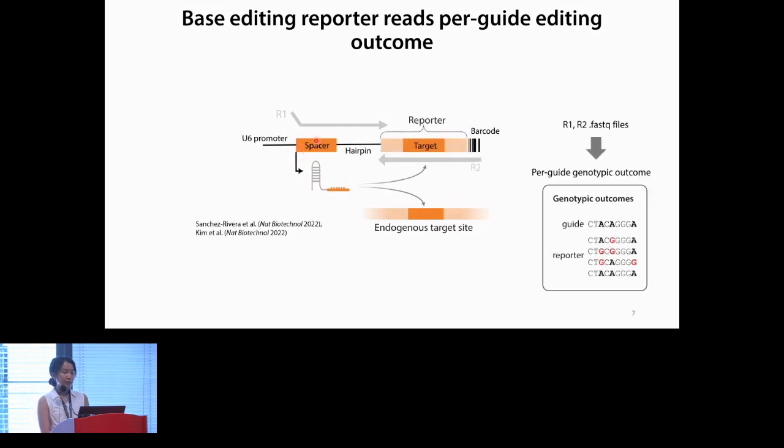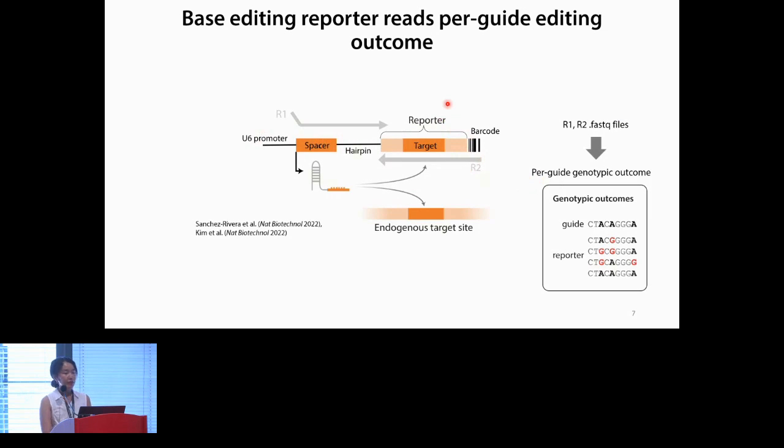Instead of having only this, in the construct that we're transfecting into the cell, we are sticking the reporter sequence, which is basically the copy of the endogenous target site DNA sequence with the flanking surrounding sequence, so that as the outcome when we are reading out the guide RNA information, we are reading out the paired information about what the guide is inside the cell, plus what is the editing outcome that guide induced. So because we can do this in large scale, we can read out the per guide genotypic outcome by just replacing the original construct with the reporter construct.